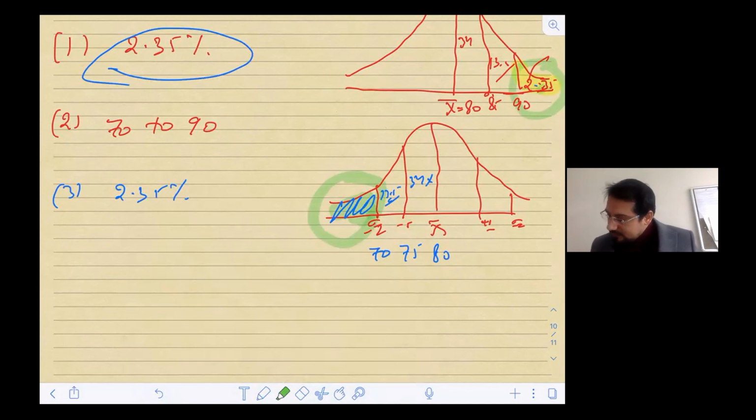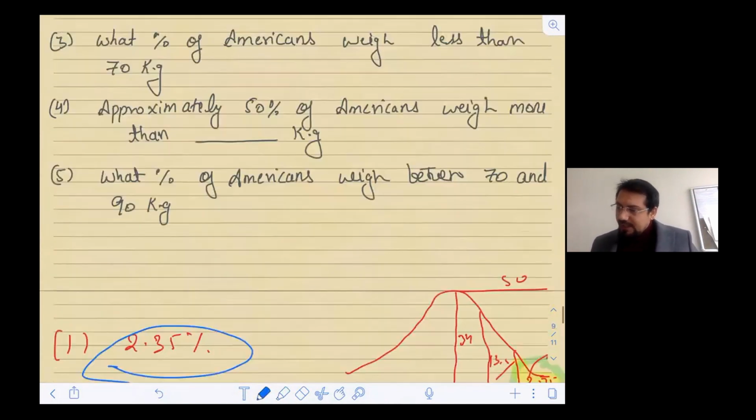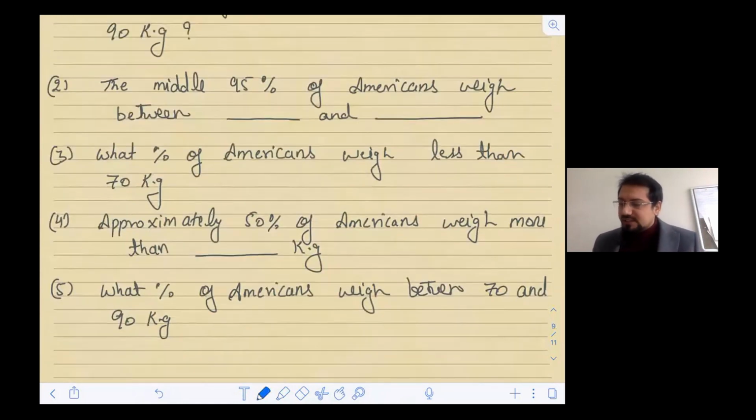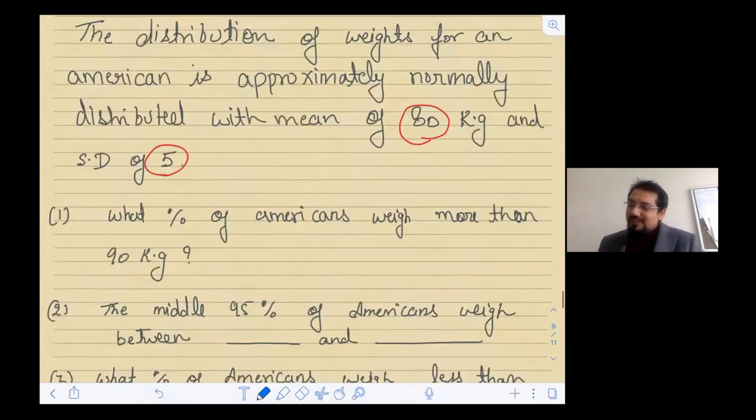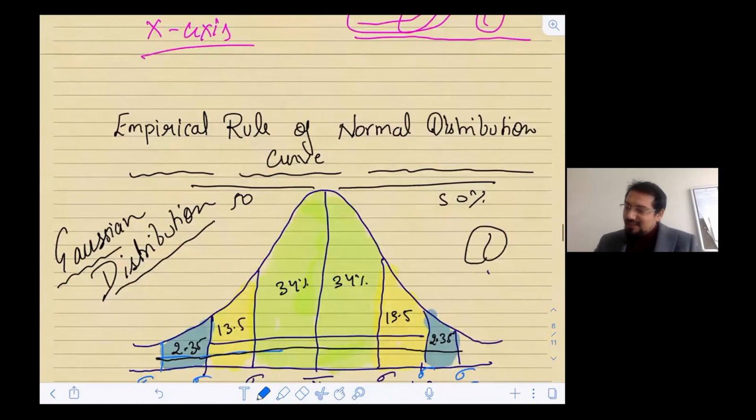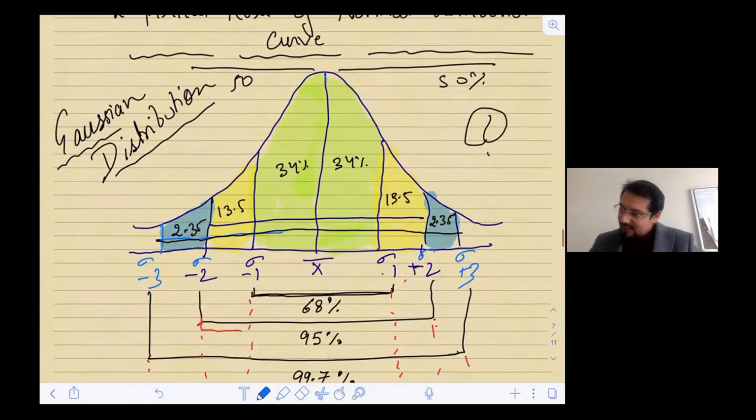Okay, now what is my next question? Approximately 50% of Americans weigh more than what? So we know already that when we talk about 50%, it means that we are talking about this, right? So more than 50%.